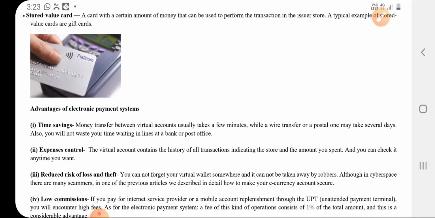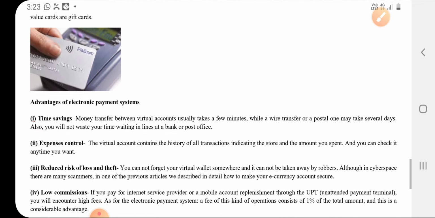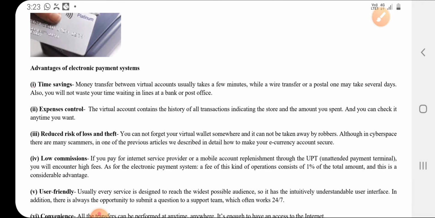You can control your expense, and reduce risk of loss and theft. When you are carrying a very large amount of money out, you have to be frightened of whether the money will be stolen by a thief. So theft and loss can be avoided, as everything is done online. In the time of corona, they said the coronavirus is spreading through money.